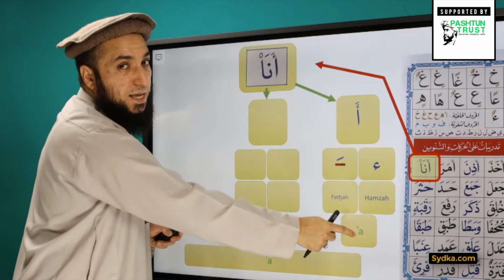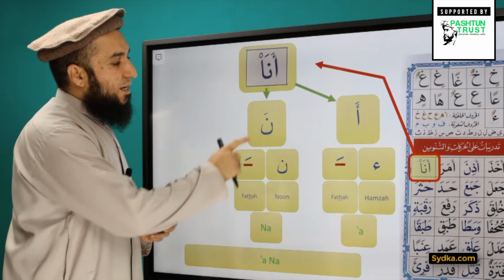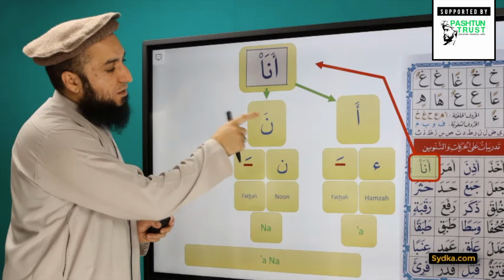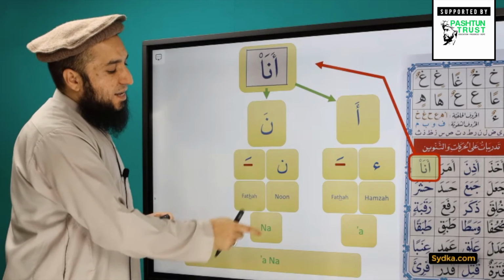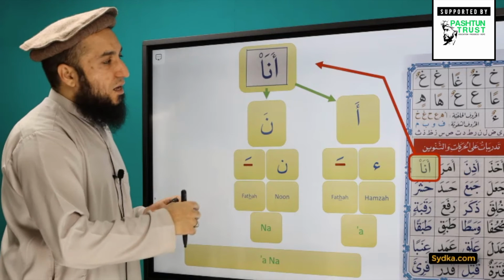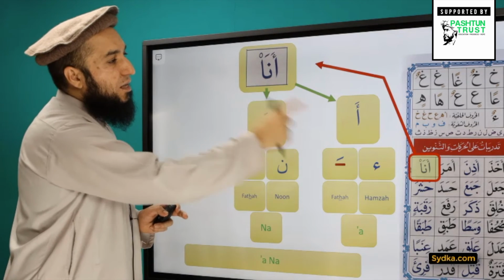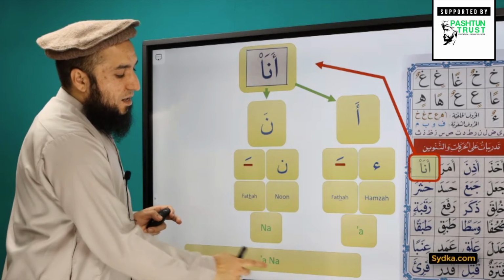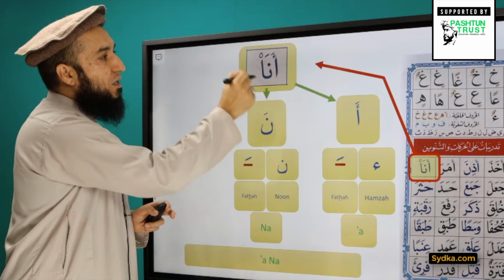The second syllable is noon fathana. Noon is not silent, and then we have fatha. Then combining the two together, it gives us a word: ana, ana. As explained before, this part we have to ignore.